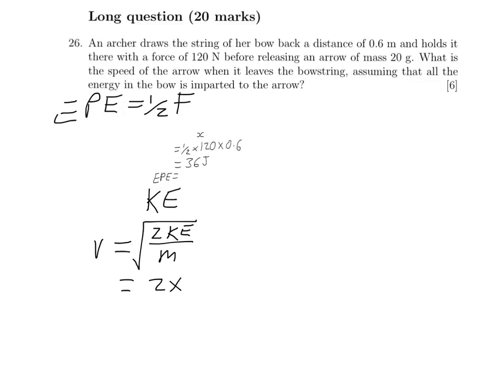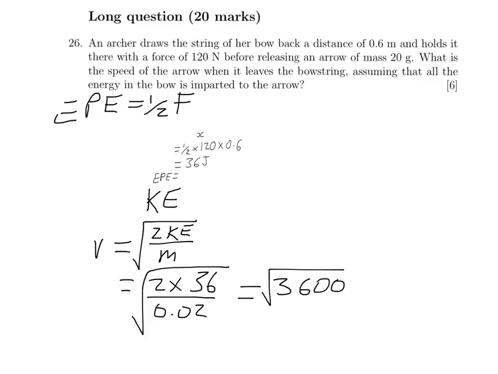So we've got 2 times 36 was our energy stored in the bow there, and mass of the arrow 20 grams, 0.02 kilograms, and number crunching that gives us 36,000, sorry, my bad, 3,600, and we need to find the square root of that, which is of course 60 meters per second.